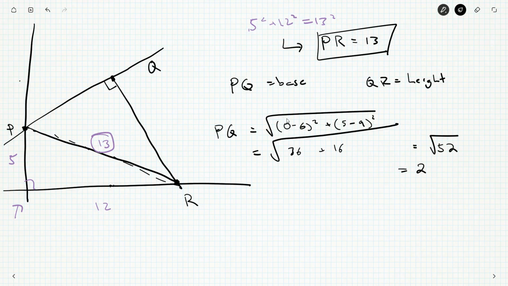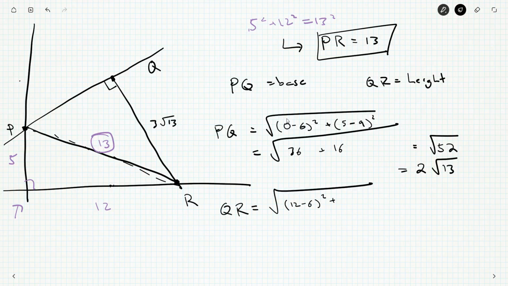If you want to, pull out a factor of 4 and square root it to get a 2. 2 root 13 here. That's fine. That does tell me that QR is going to be 3 root 13, but let's compute it anyway. So it'll be 12 minus 6 squared plus 0 minus 9 squared.